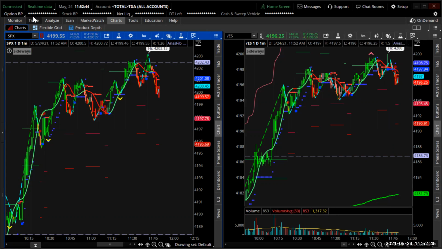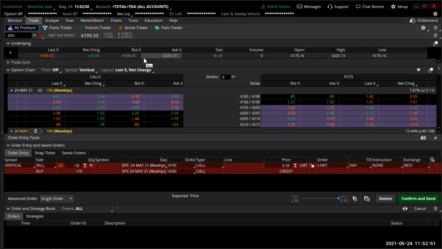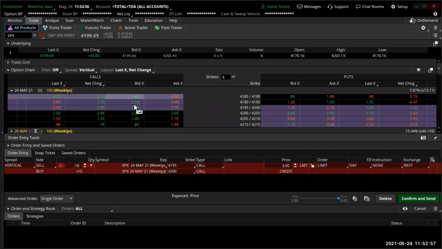Okay, so for the trade, you're going to click trade. If I'm shorting and I'm targeting the 97 in SPX, I would have been going to even the 95 to 200 level. So you're going to click on the bid. This would have been much higher earlier.